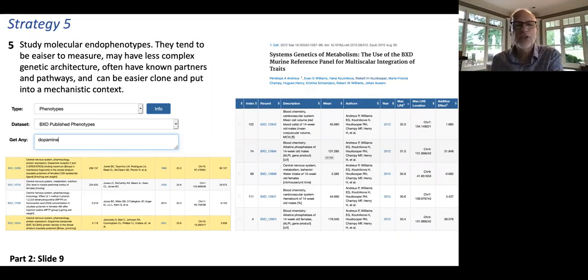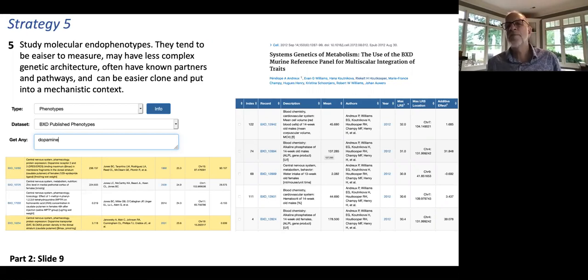And I'll show you what you can do with them, because it's amazing what you can do with these old data sets now. On the right side, you'll see Johan's team's approach to system genetics and metabolism. The advantage there is that many of the core phenotypes that you're interested in to begin with are essentially endophenotypes. So here are a lot of blood chemistry traits.